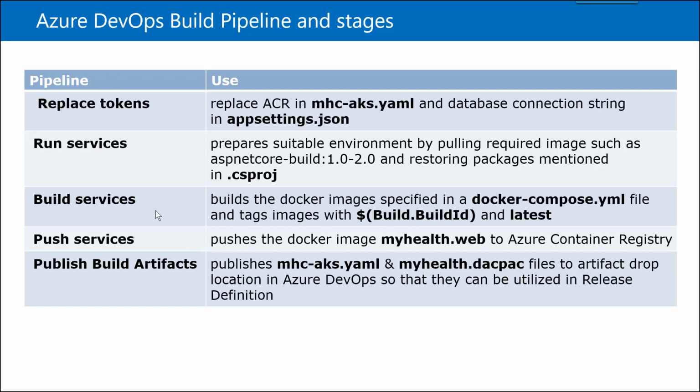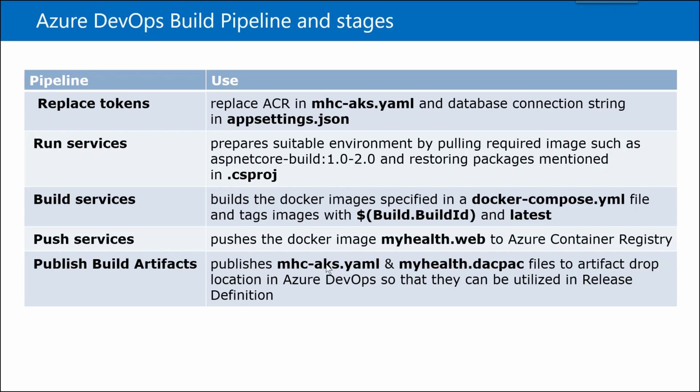So if you see, this build service is building it, and push service is pushing this image to the Azure Container Registry. Once you have this image available, then you will publish these artifacts, including your DAC file. DAC file is nothing but your SQL Server SQL instructions to create tables and required schema, and then AKS YML file is responsible for deploying the AKS.